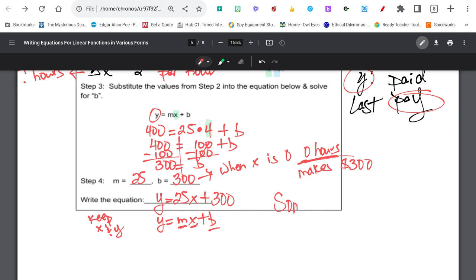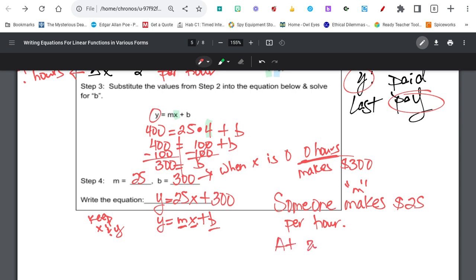So when I write this, I'm going to say someone makes, for the slope, $25 per hour.